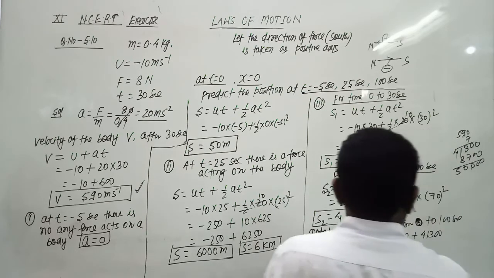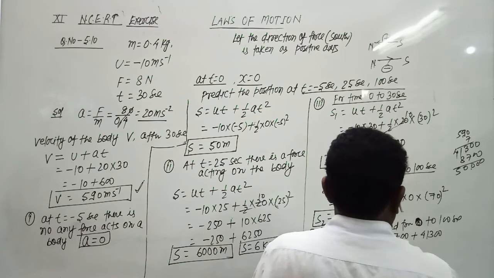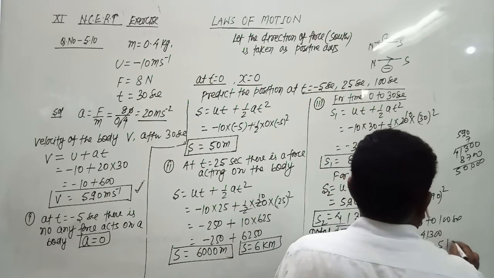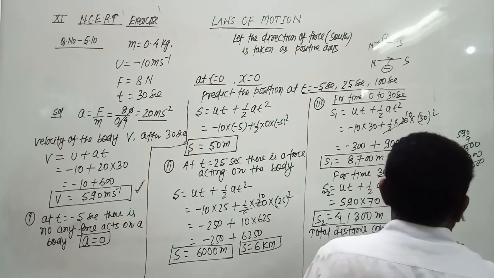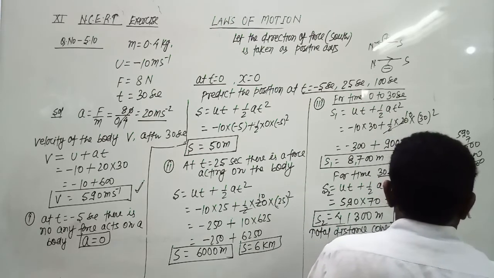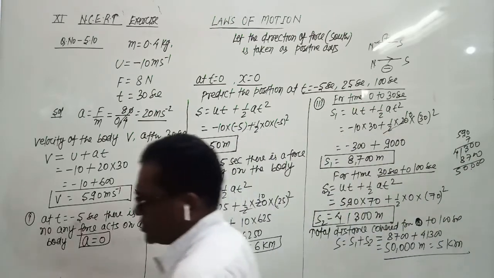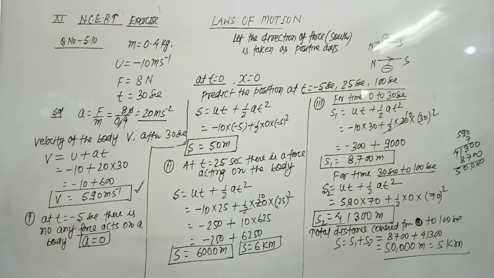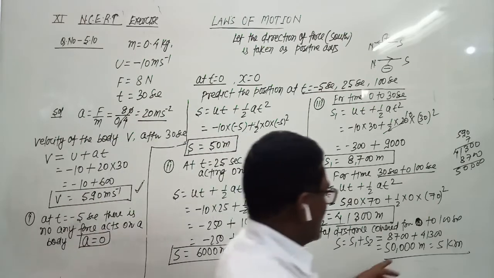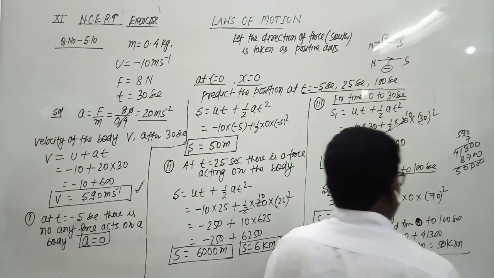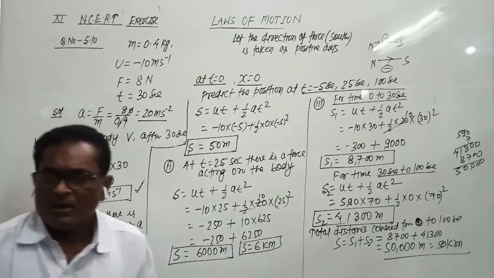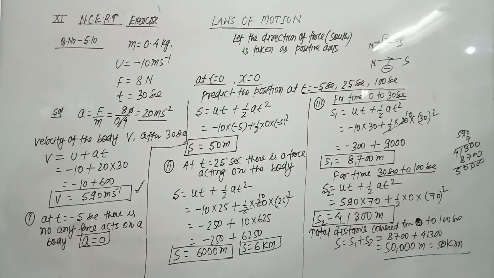This is 50,000 meter, which is 50 kilometer. So the distance covered from 0 to 100 seconds is 50 kilometer.